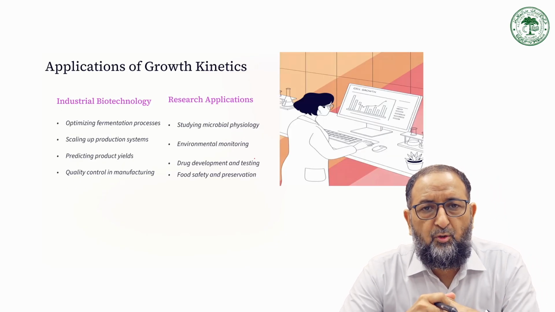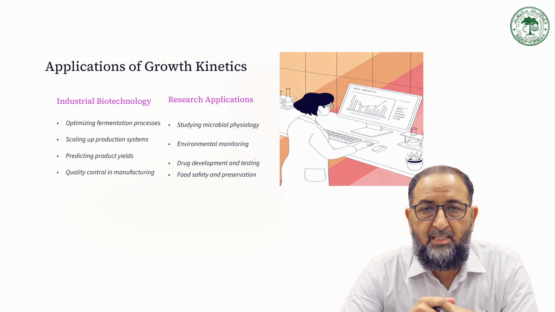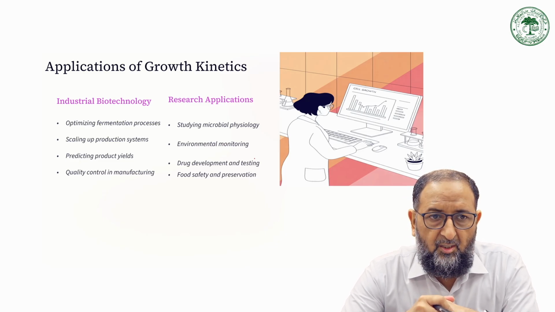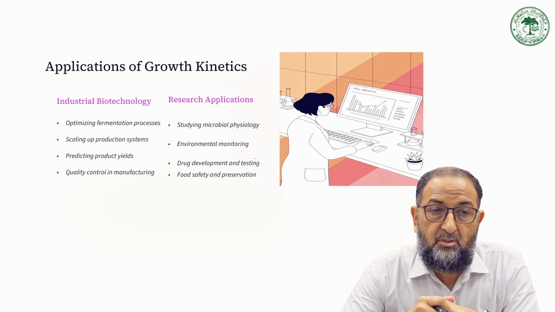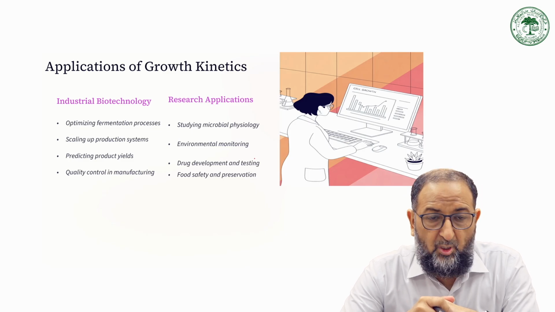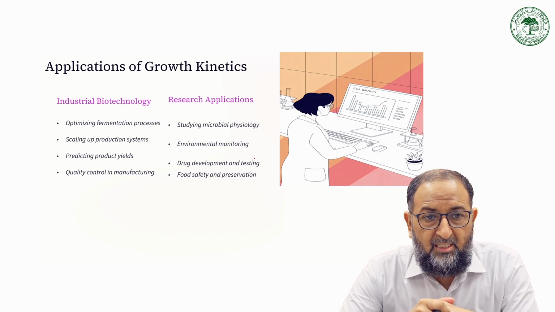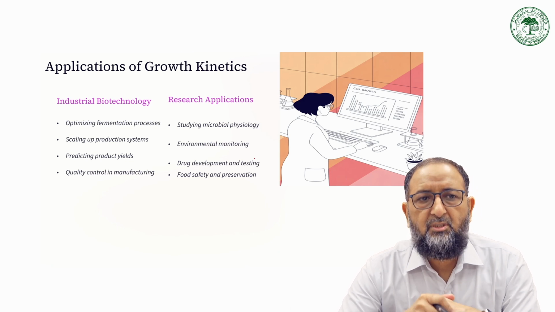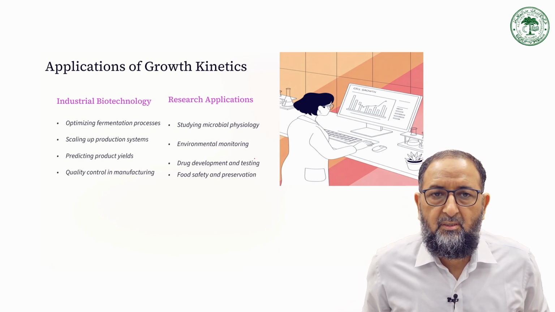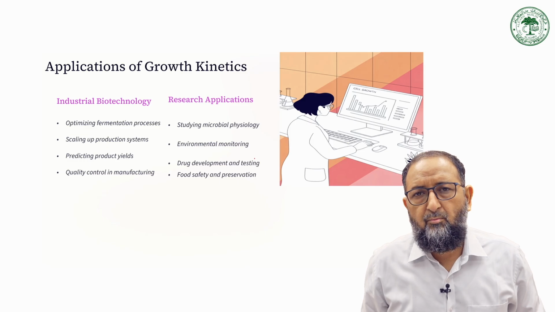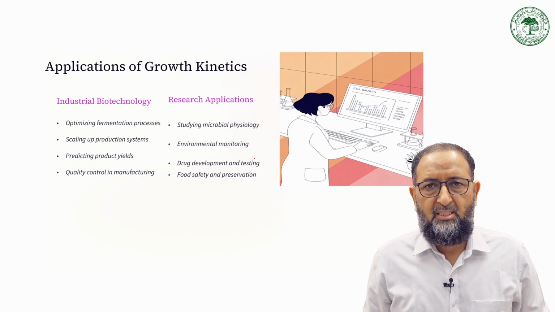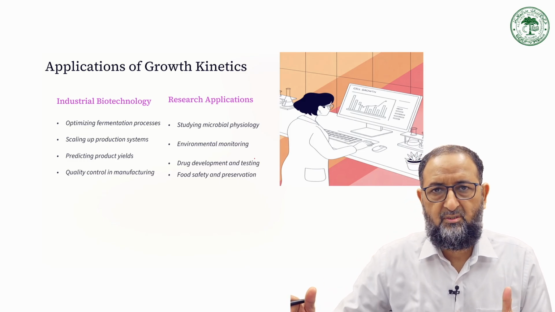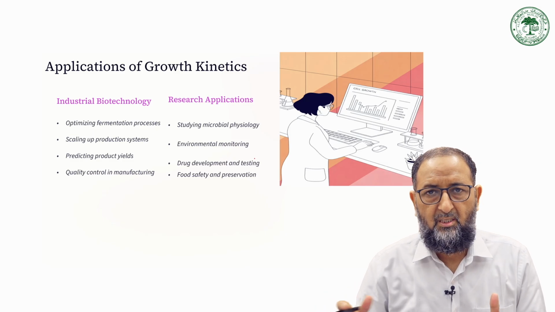What are the applications of growth kinetics? Industrial biotechnology: optimizing the fermentation process, scaling up production systems, predicting product yield and quality control in manufacturing. This is the industrial application of growth kinetics. Now, how do you maintain the growth kinetics? How do you maintain the time required for the production of this individual product or metabolites?